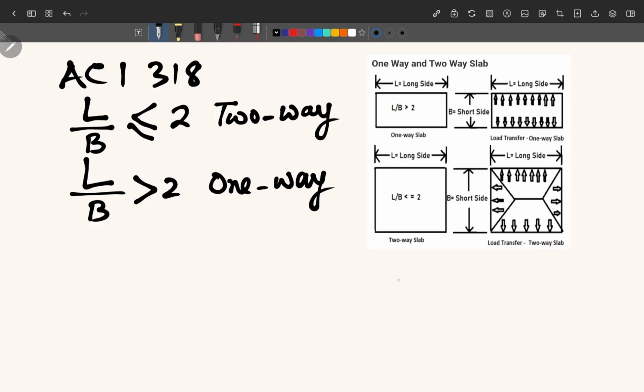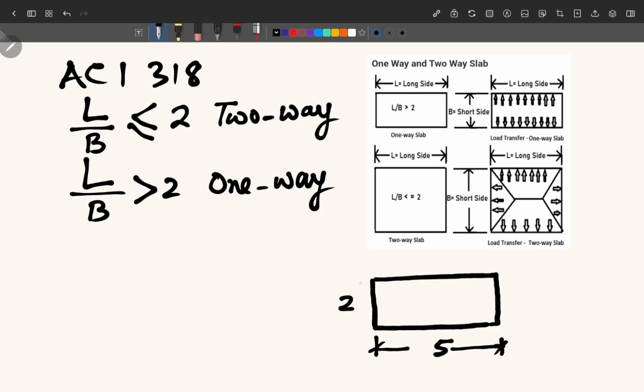So here is a slab which is 2-meter width and 5-meter length. This is 2 and this is 5.